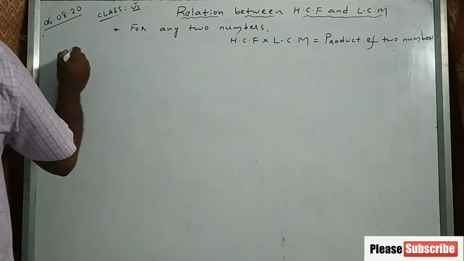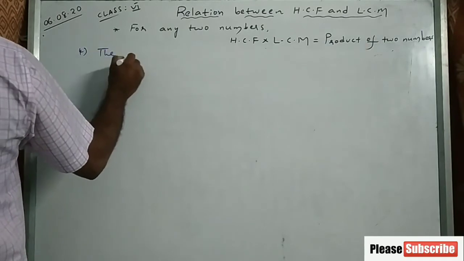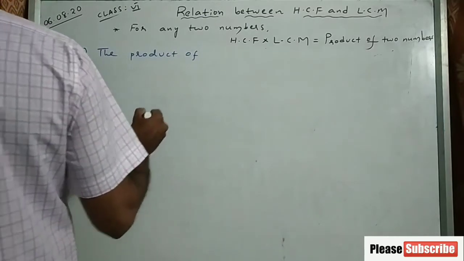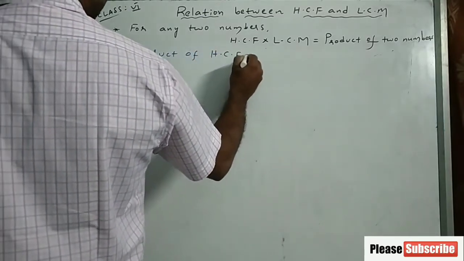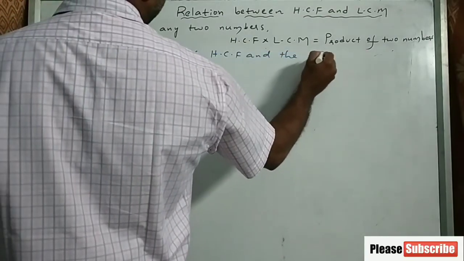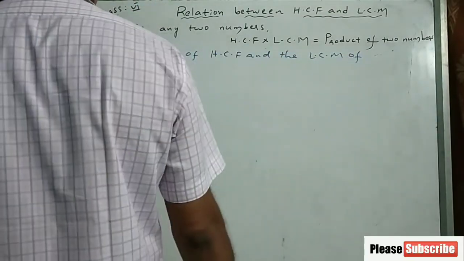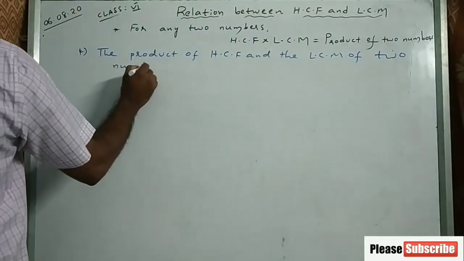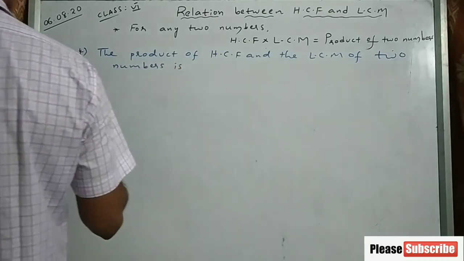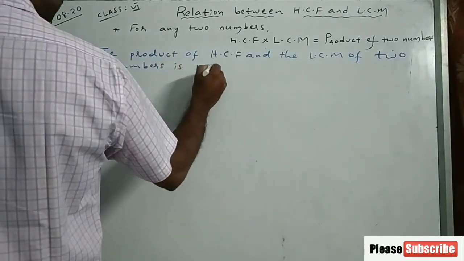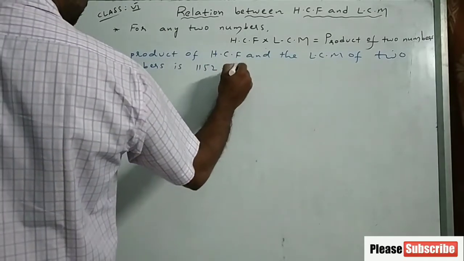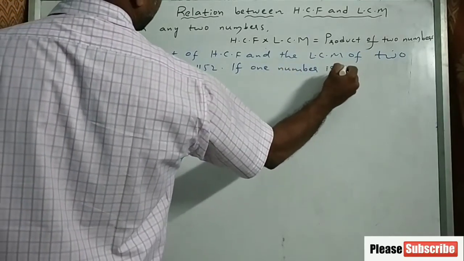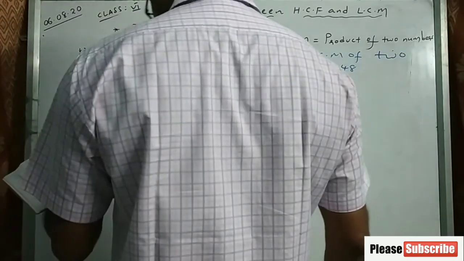The product of HCF and the LCM of two numbers is 1152. If one number is 48, find the other one.